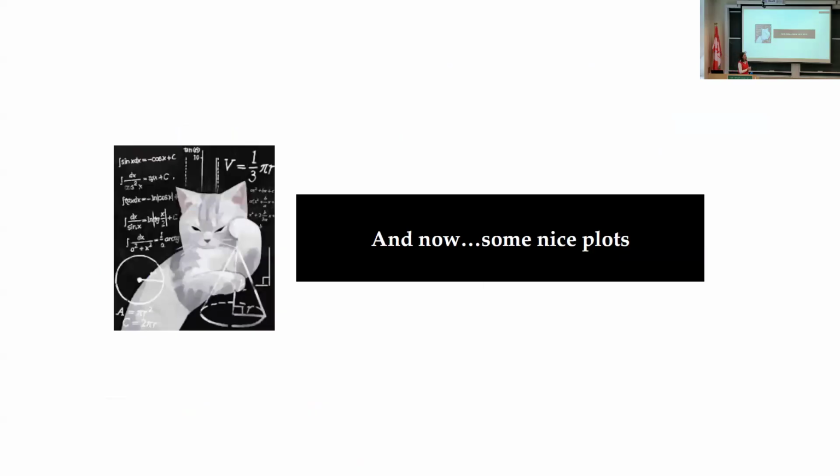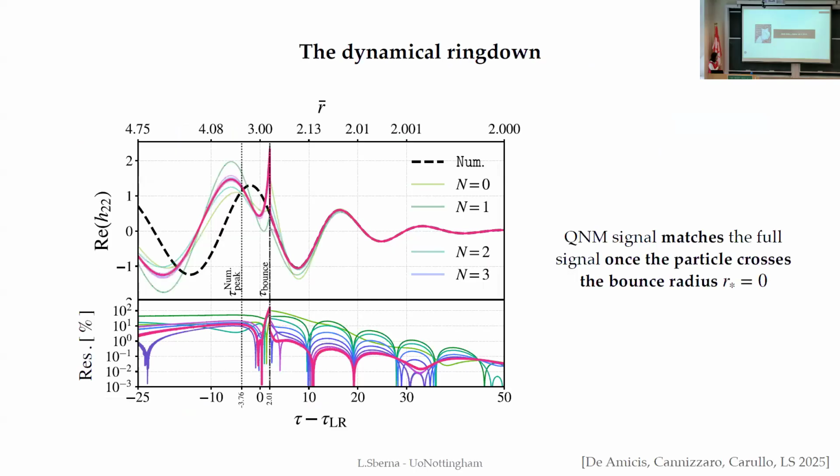Okay, so let's finish off by looking at all this in terms of some nice plots. So the first one is kind of the main punchline. This is the full quasi-normal mode signal generated by the plunging particle. I'm adding up an increasing number of overtones of quasi-normal modes, and I'm showing the largest number in pink.